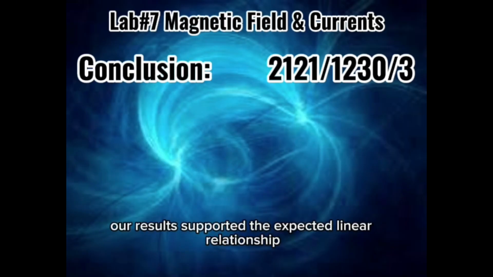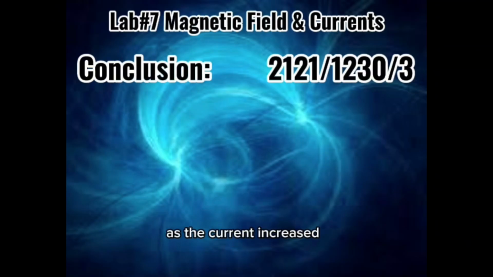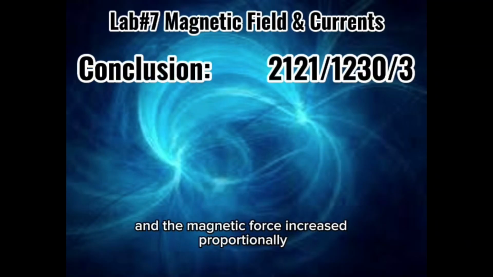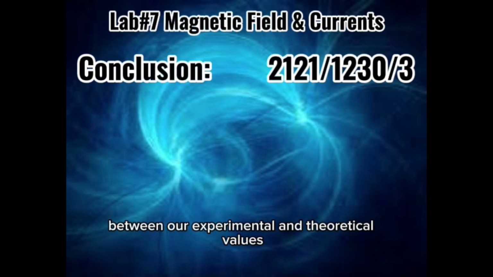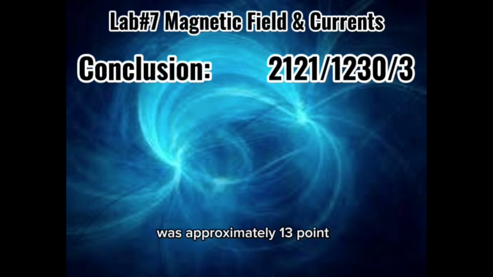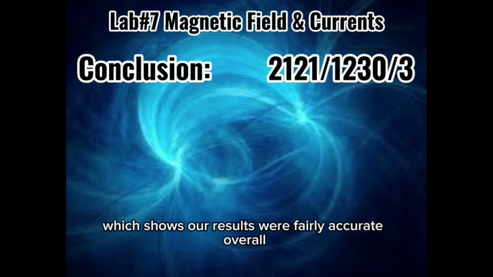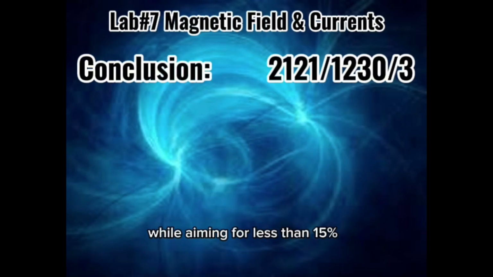Our result supported the expected linear relationship, as the current increased and the magnetic force increased proportionally, confirming the theoretical prediction. The percent error between our experimental and theoretical values was approximately 13.19%, which shows our results were fairly accurate overall, while aiming for less than 15%.